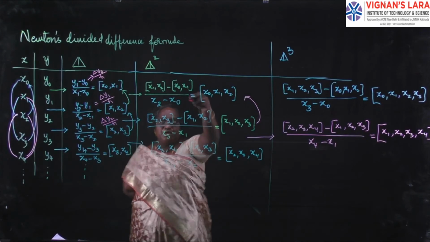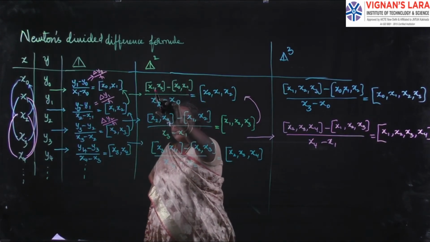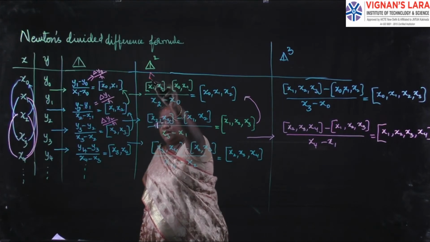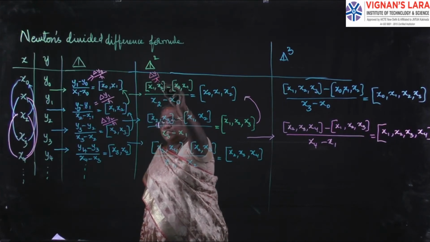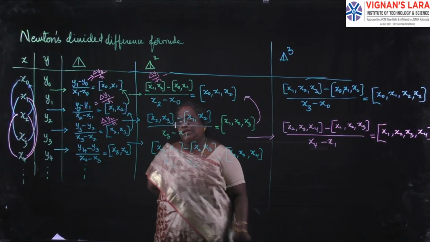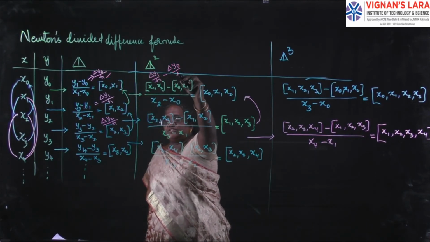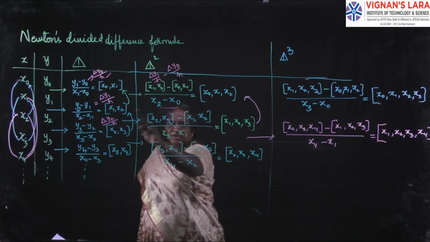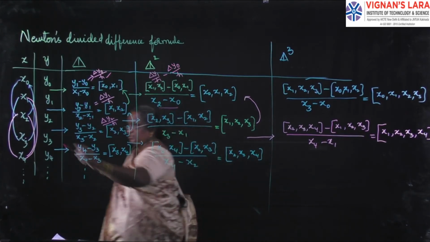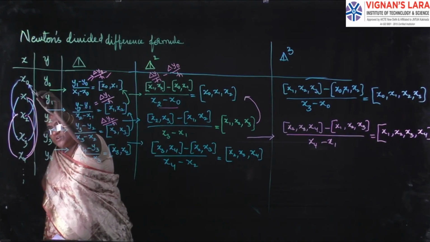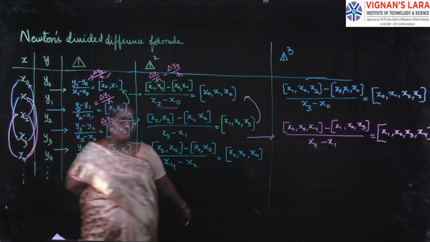Now similarly, what is x0, x1, x2? It is del y1 by h minus del y0 by h. So what is x2 minus x0? The difference from x2 to x1 is h, and again from x1 to x0 is h, so it is 2h.